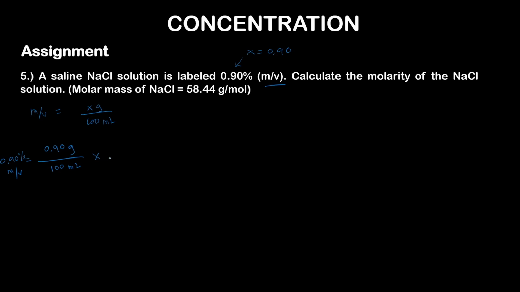So we want to calculate its molarity. 0.90 grams. We were given the molar mass, so we can get the mole. 58.44 grams per 1 mole. So grams can be cancelled. Now we want to convert this to liters. 1,000 ml is equal to 1 liter.